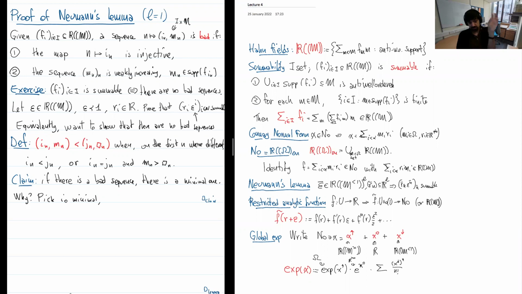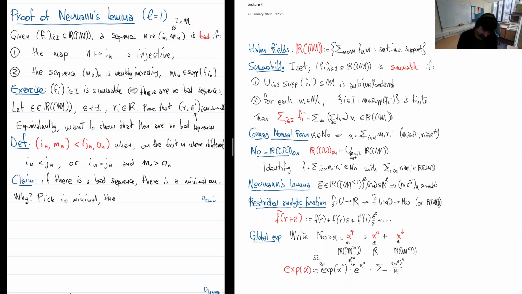Because once you fix i naught, the monomial m naught is in the support of epsilon to the i naught. So it's in the support of a fixed series, and the support is anti-well ordered. So among all the possible monomials in this support, we can choose the maximum one that appears among bad sequences.